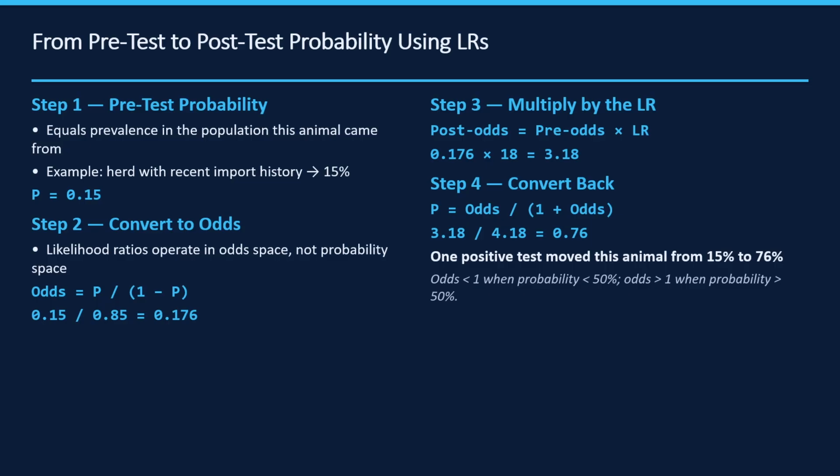One positive test moved this animal from 15% to 76%. Probability to odds, multiply, odds back to probability. Practice that loop until it's automatic, because the exam loves to hand you a pretest probability and a likelihood ratio and let you trip up on the odds conversion.